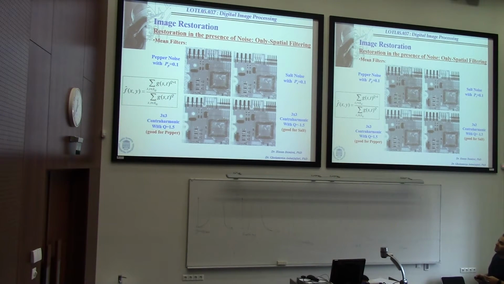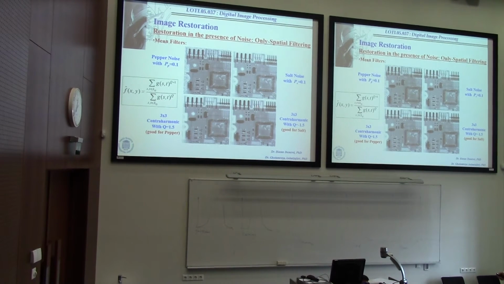After applying the counterharmonic filter on the pepper noisy image, we can see that the filter removed all pepper noise, or dark points, in the image.